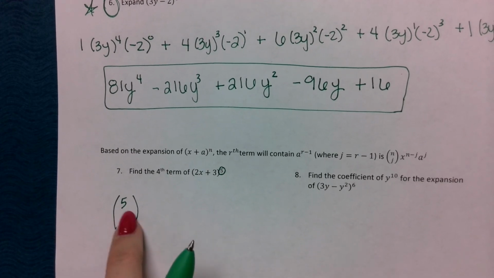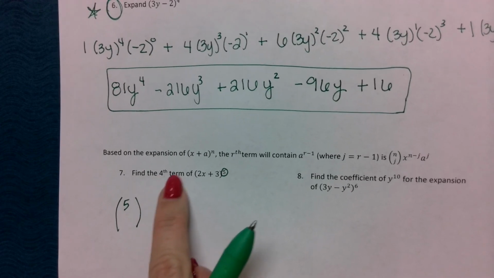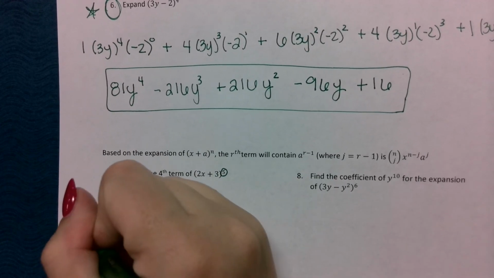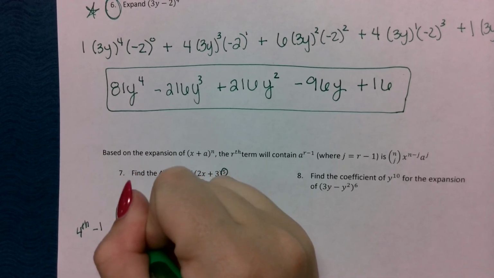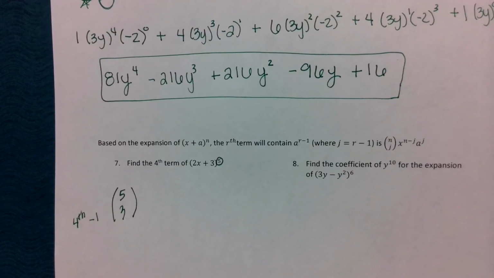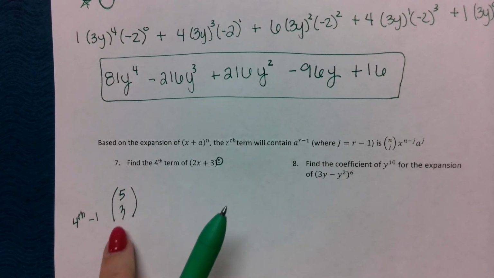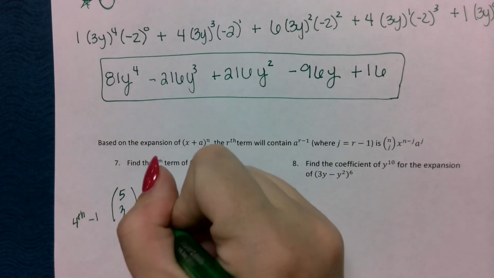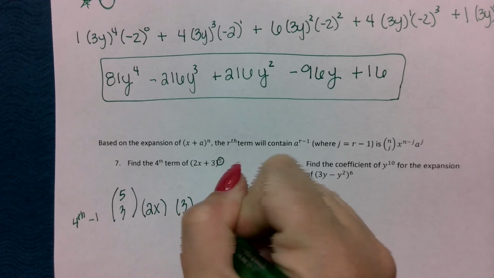And then this number is always 1 less than the term I want to find. So because this is the 4th term, I'm going to do 4 minus 1, so this is going to be 5 choose 3. So 5 is the exponent, and because it's the 4th term, I'm going to do 1 less than that. Okay, now that's always going to be times 2x to the something, and then 3 to the something, right?